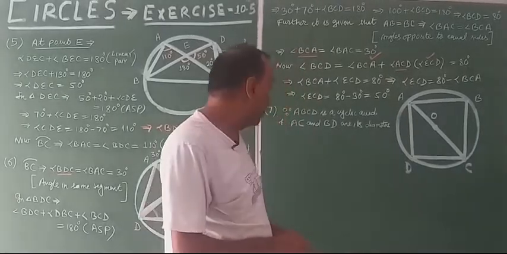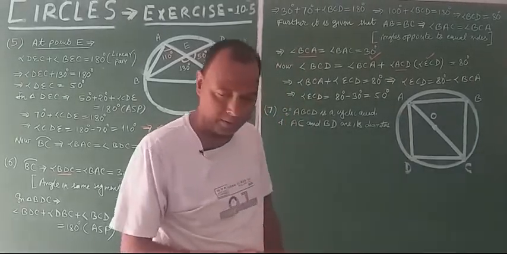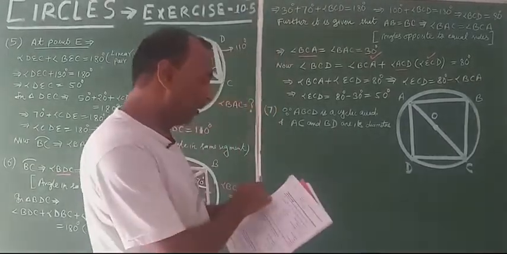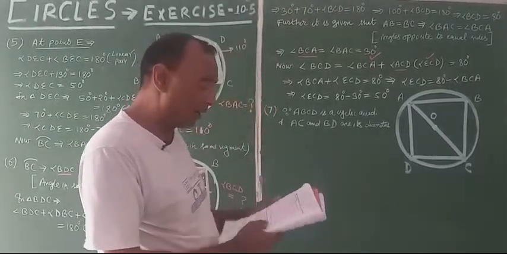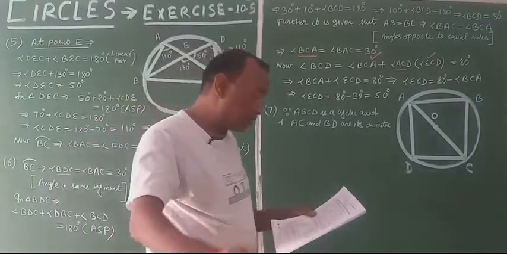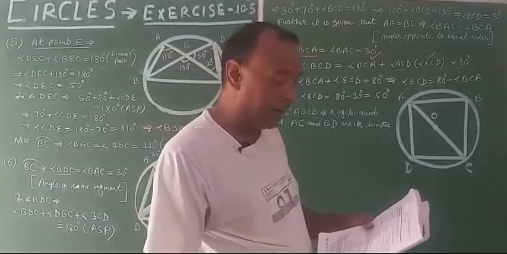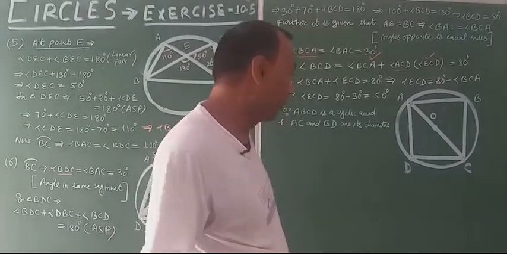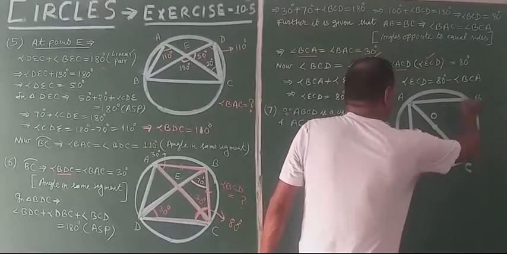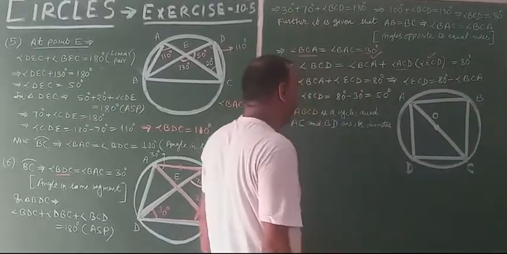Now this is question number 7. If the diagonals of a cyclic quadrilateral are diameters of the circle. So just look here. Suppose this is a cyclic quadrilateral ABCD.